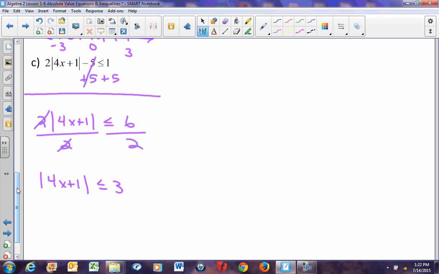It's a less than, so it's an and, so we're going to write it exactly as we see it first. 4x plus 1 is less than or equal to 3. Then move this sign to the front. Greater than or equal to, move the number to the front, but make it the opposite. That's what we did. We wrote it exactly as we saw it, and then move the symbol to the front of the 4x, and then move the 3 and put it in front of the symbol, but make it the opposite.